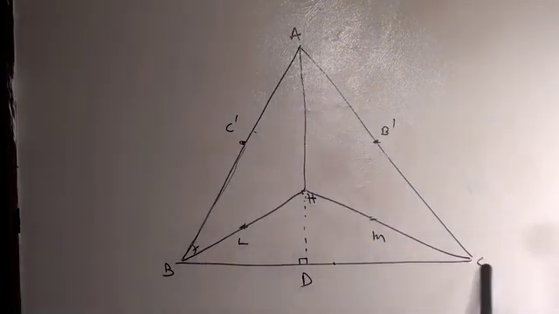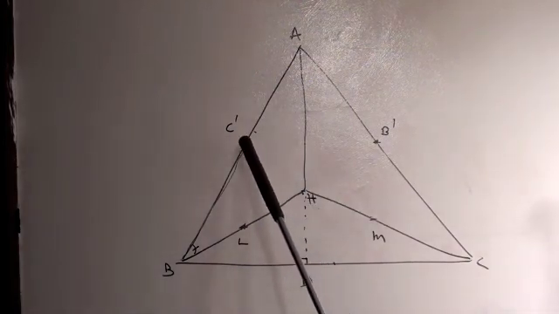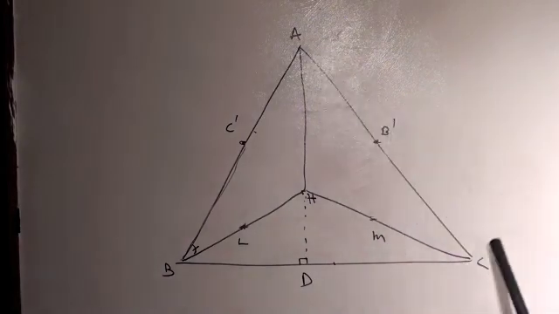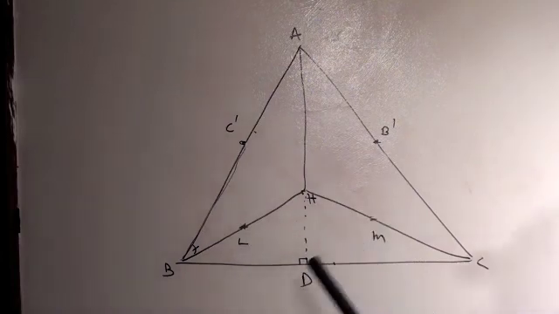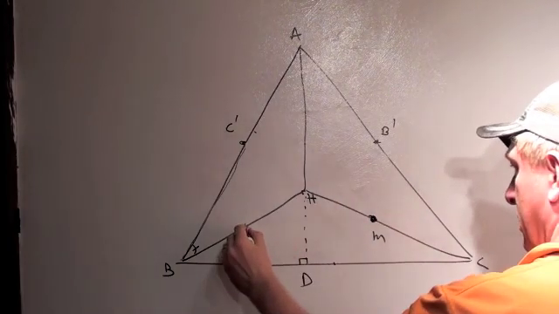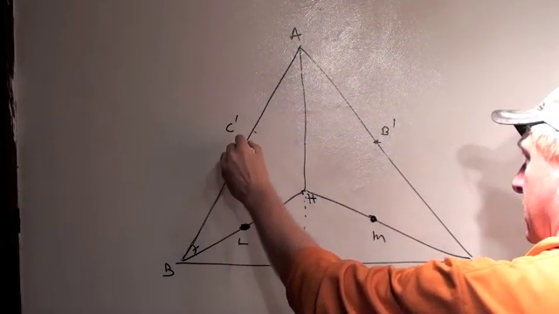I've got triangle ABC. I've drawn the altitudes intersecting at point H, and I've drawn B prime and C prime. Those are the midpoints of sides AC and AB. And I've drawn L and M, although not very well. Those are the midpoints of the segments CH and BH.